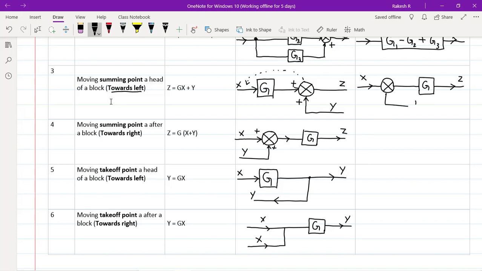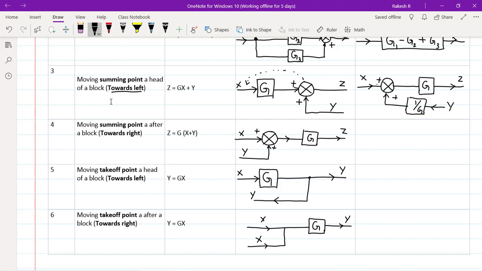This becomes 1 by G. This is how you can move the summing point towards left. Whatever we have in the Y here will be multiplied by 1 by G.